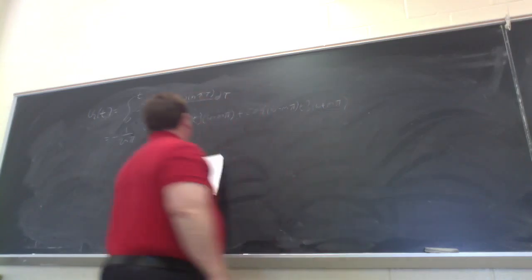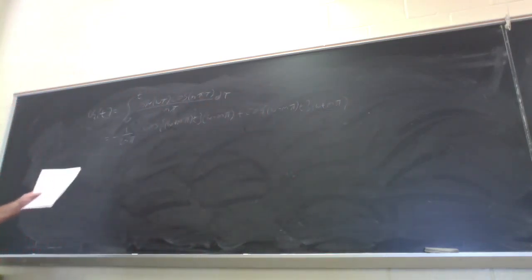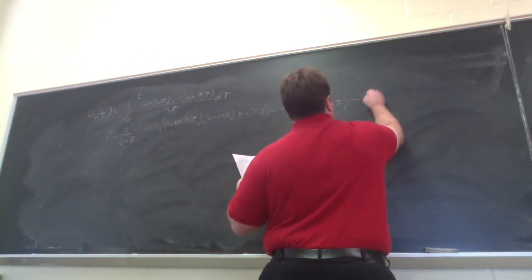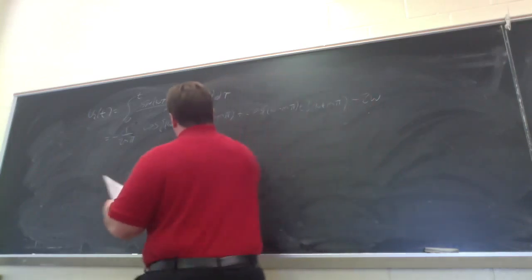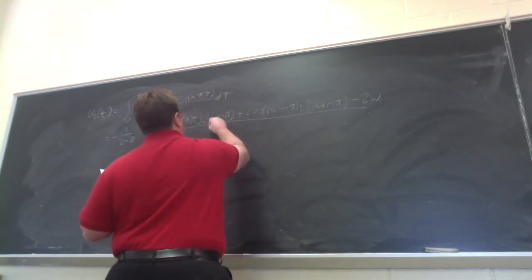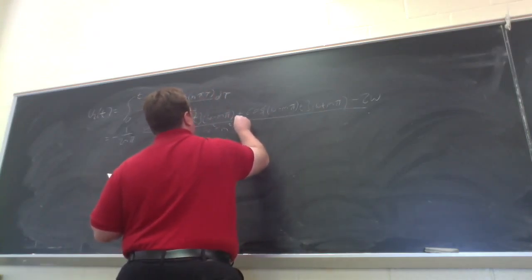And then, when you plug in the limits 0 and t, when you plug in 0 into cosine, of course, you get 1. So you're going to get another term here, minus 2 omega. And all of that is over omega squared minus m squared pi squared.